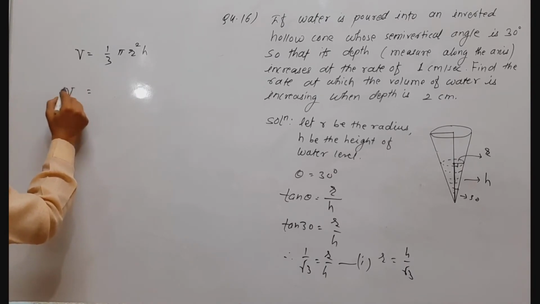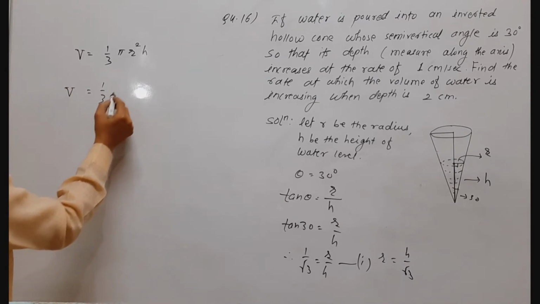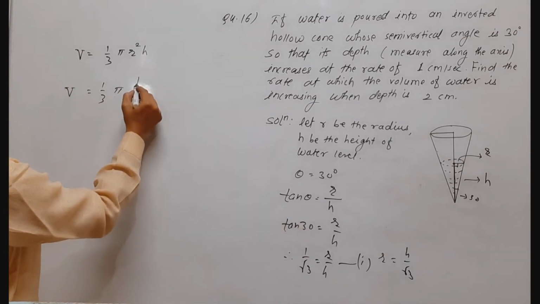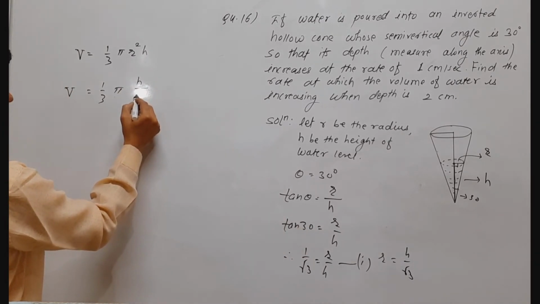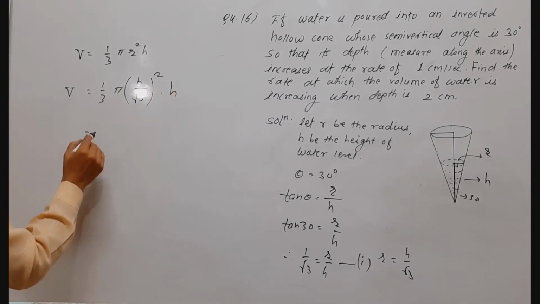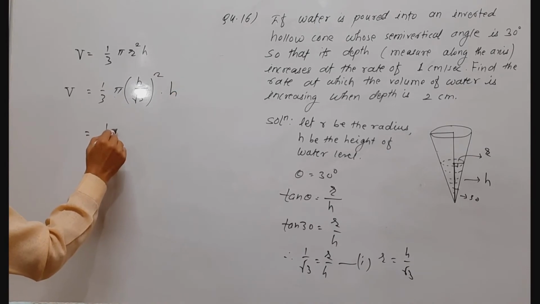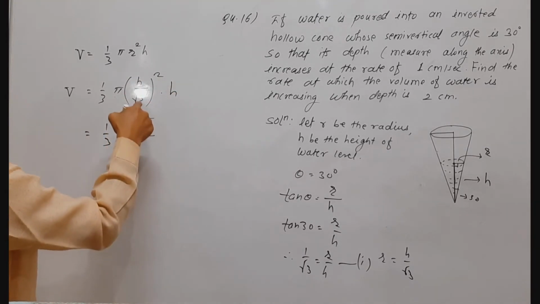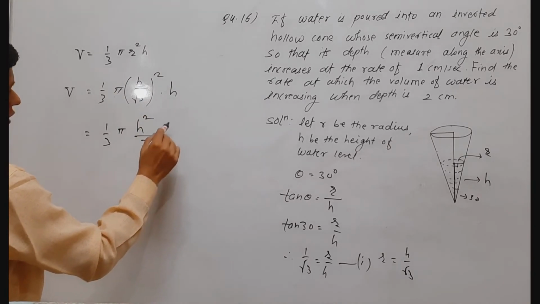So substitute the value of r square: V is equal to 1/3 pi, in place of r square we write h by root 3 whole square, into h as it is. So 1 by 3 into pi, square of h we write h square, square of root 3 we write 3, into h.